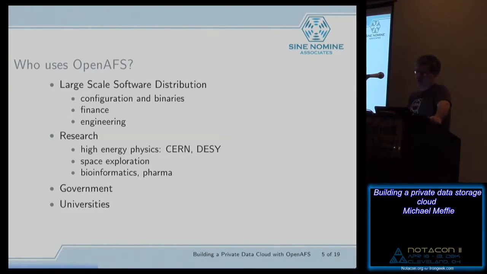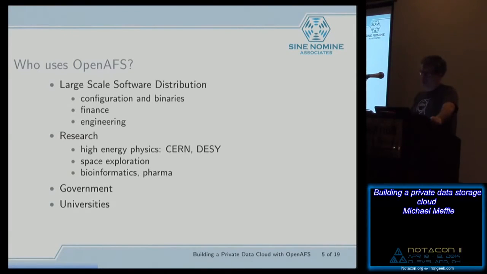People that are running OpenAFS include large finance institutions, which store a lot of things in it. I'm not going to provide any names here, but there's information on the web if you want to see what they're doing.